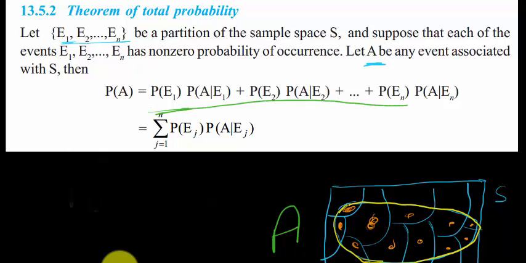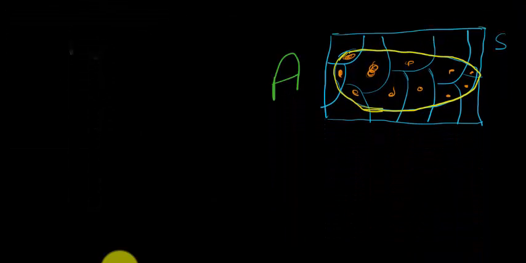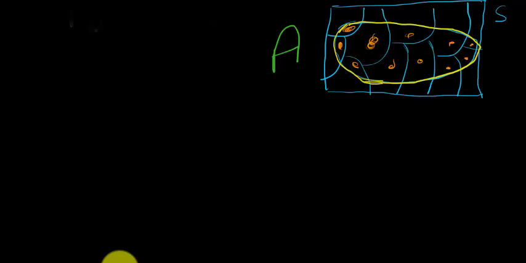That's my total probability. Okay, let's look at the proof of this. The proof of it is very, very easy. We'll understand that right away. All right, so I know that E1, E2, E3, and goes on till En are a partition of the sample space.